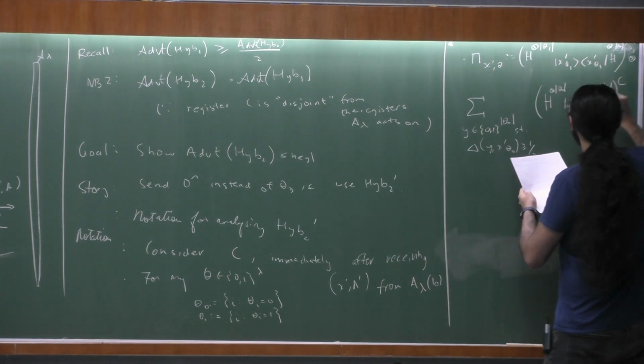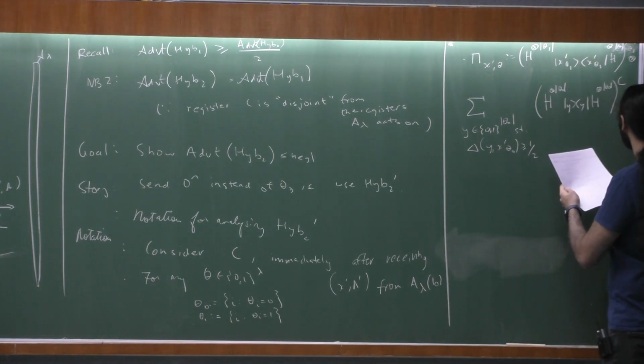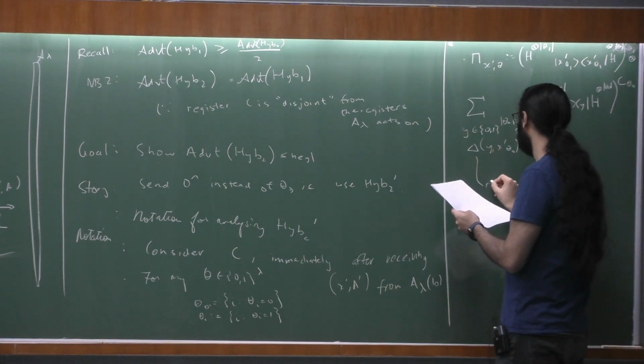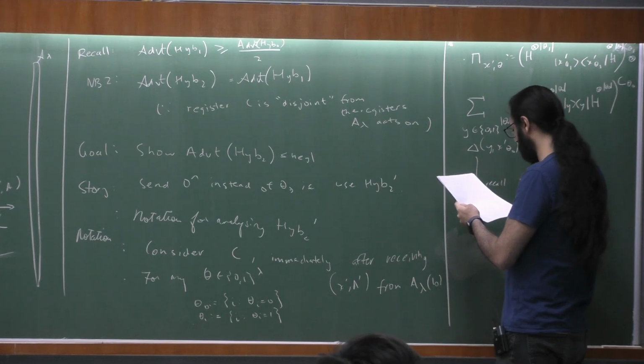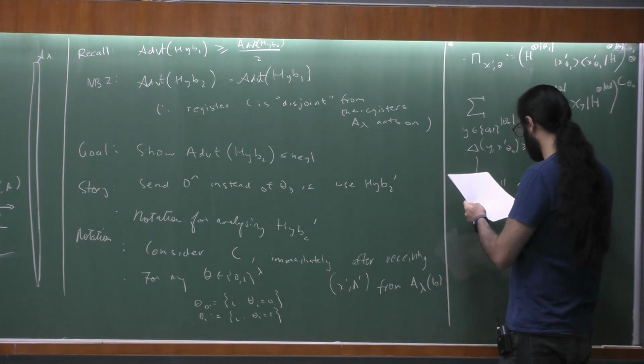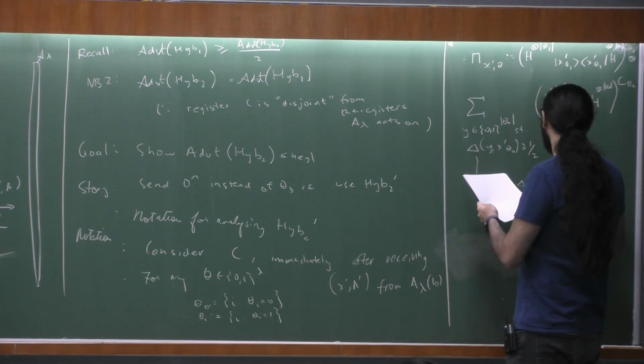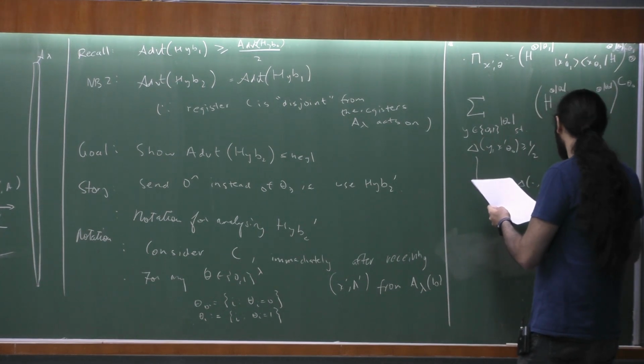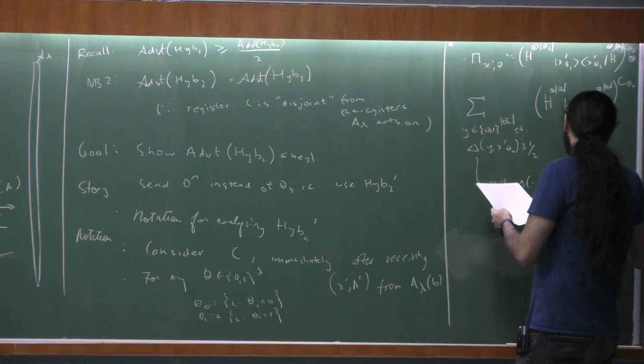And this is on register C theta 0. Where recall this delta is relative. Oh, it's relative. I thought it was omega. Anyway, I may have used some wrong notation, but it's supposed to be the relative Hamming distance.